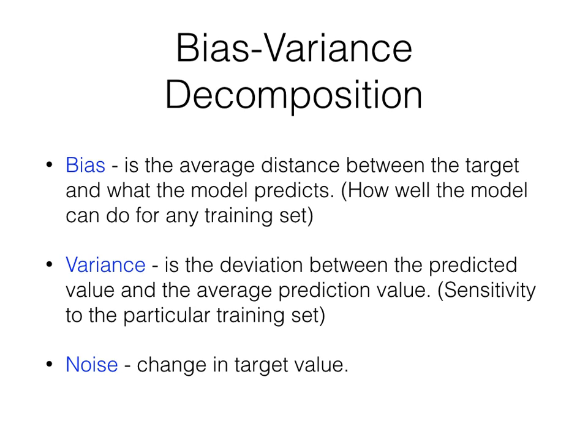This is measuring the sensitivity of the classifier or the prediction model to a particular training set. So variance is high when your model is very sensitive to the specific training set that you happen to get. And the last one, noise, is just the change in the target value, or the noise inherent in the problem that we can't really get around.